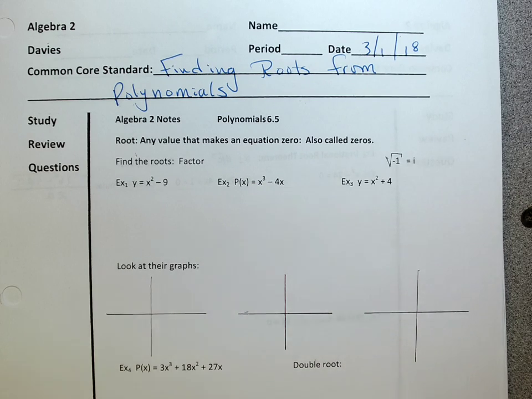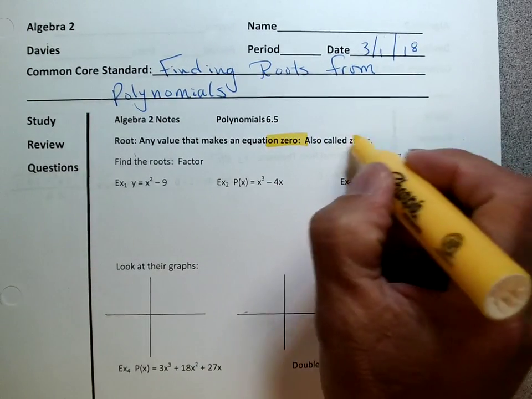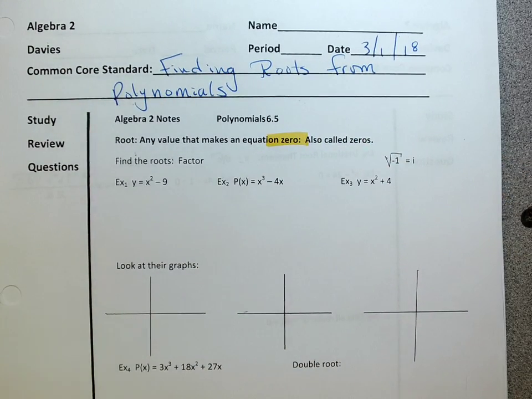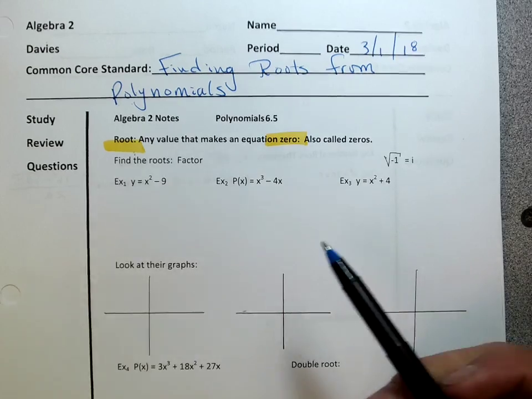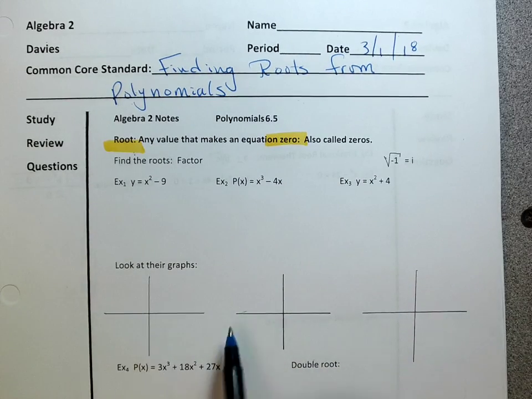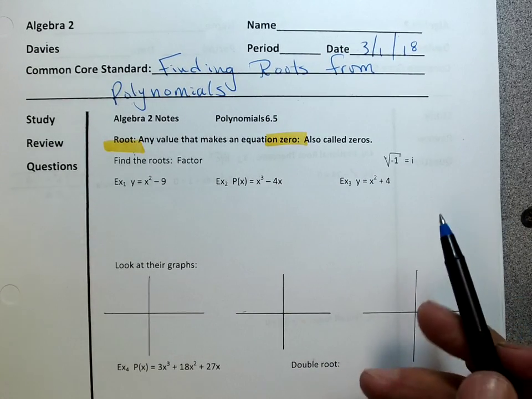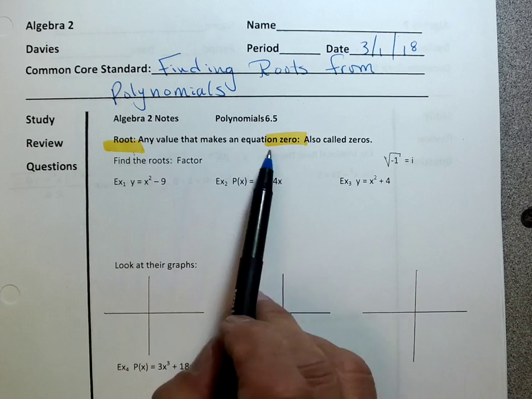Now there's a difference between what we call a zero and a root, okay? A zero is literally going to be the same thing as an x-intercept. But roots are any answer that makes it equal 0.